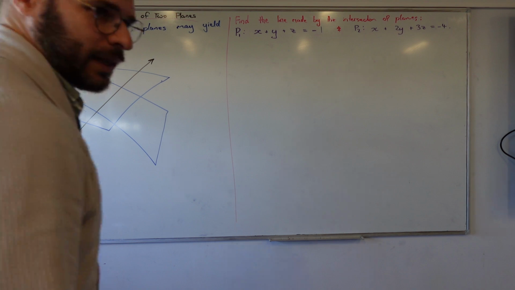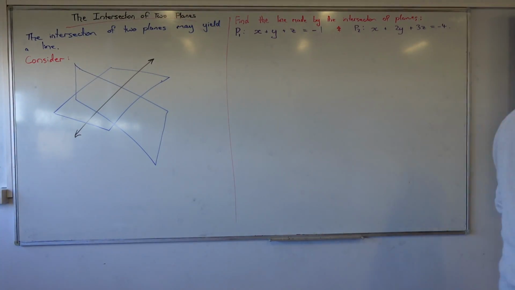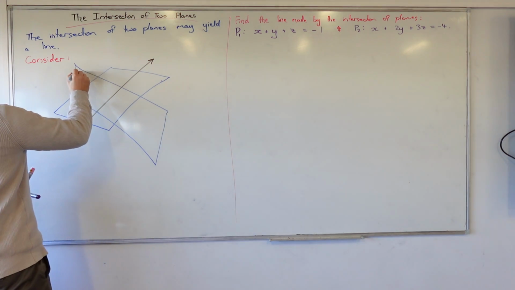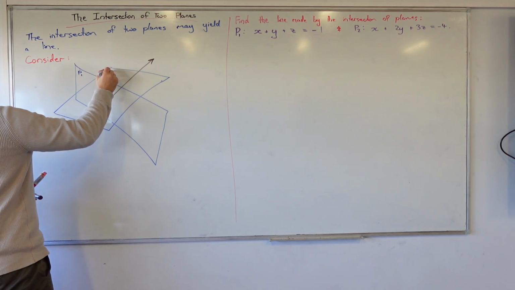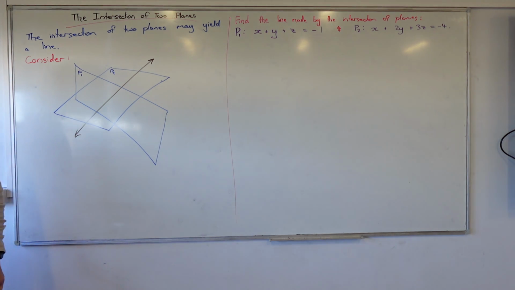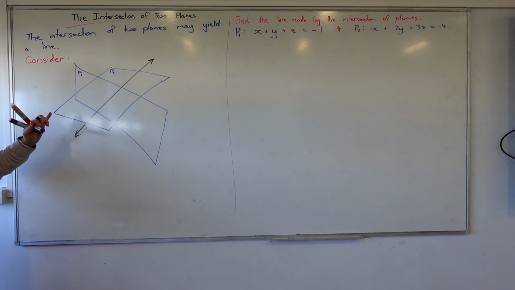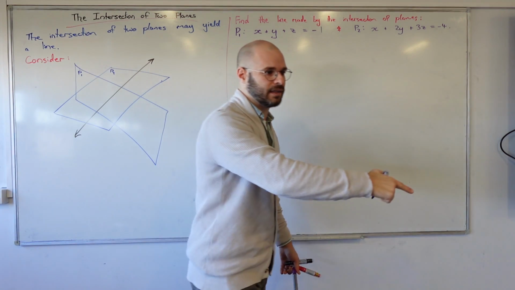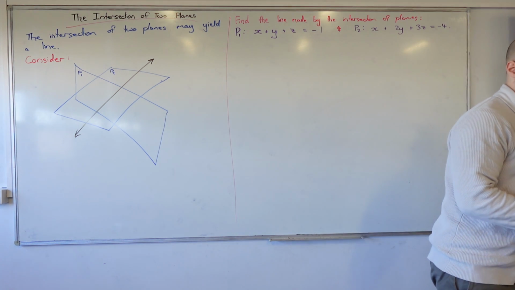So what we're looking at is how we can find the line brought about by the intersection of two planes. If we have, for example, plane 1 and plane 2, provided that these planes are neither coincident nor parallel, what you're going to find is that they're going to cut each other in such a way that there's a line defined between the two of them.